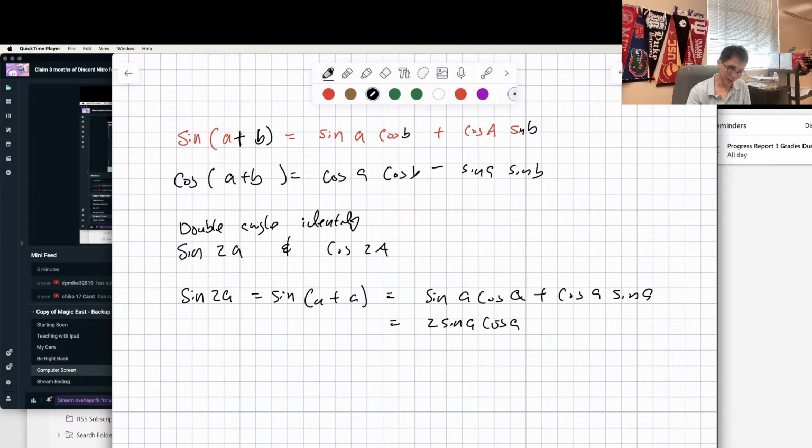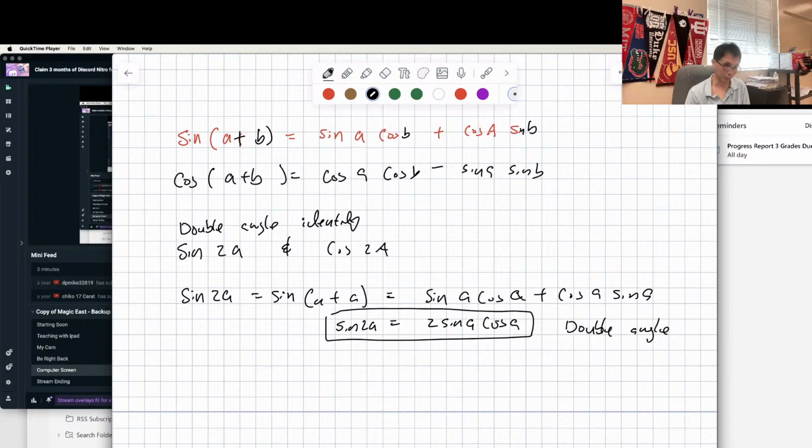So this is known as the first double angle identity. Basically, you don't need to prove it because it comes from sum and difference, just a plus a. So can you tell me what cosine of 2a is?